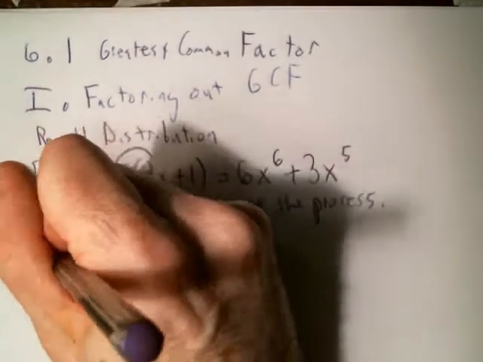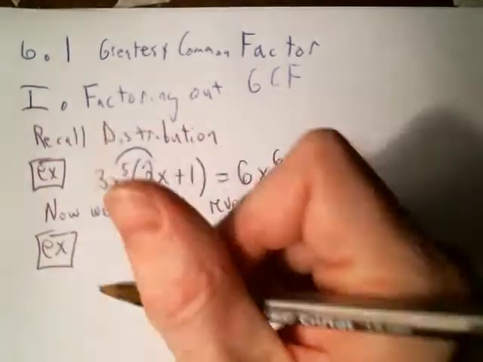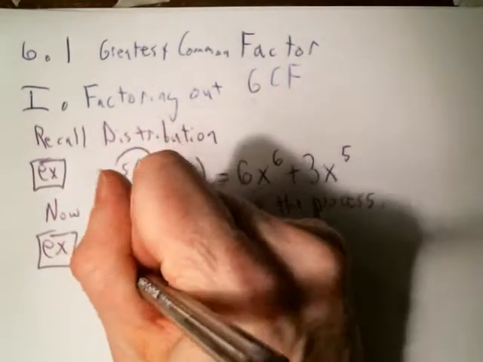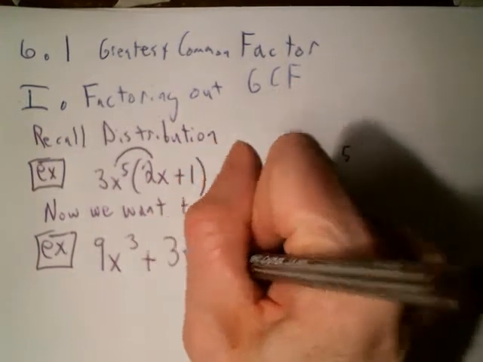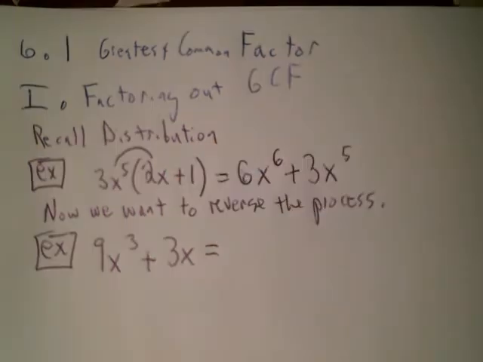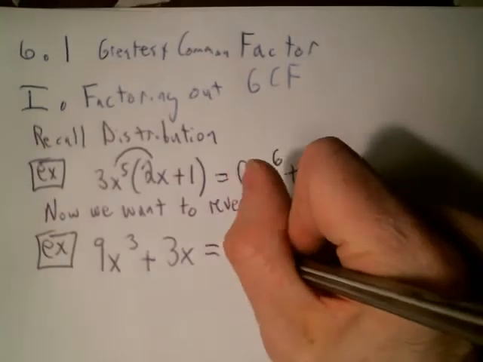Okay, so let's take a look at an example. I just want to give you the end goal, and then we'll take this example apart piece by piece. We'll be looking for the greatest common factor, and that'll be our next section. But just for now, I'll tell you it's going to be 3x.